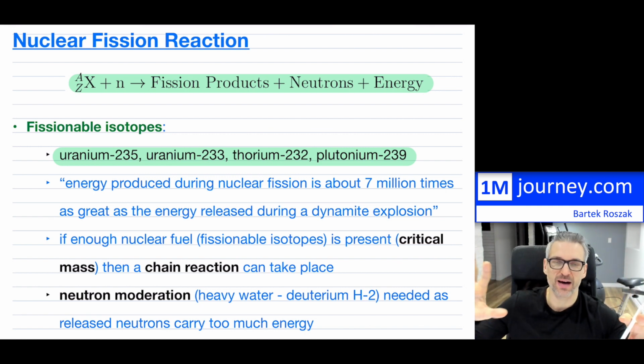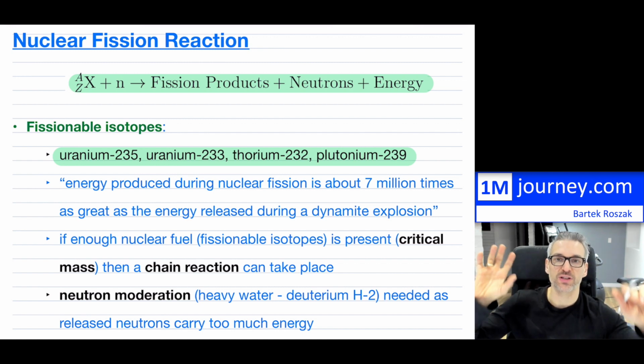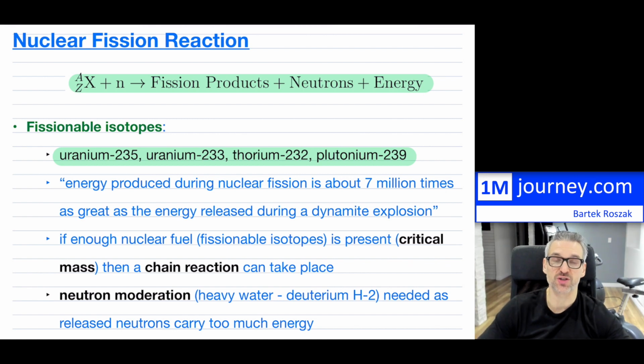If you had the same amount of mass, nuclear fission produces 7 million times more. Hence these nuclear energies and destructions that can happen. That's pretty enormous.